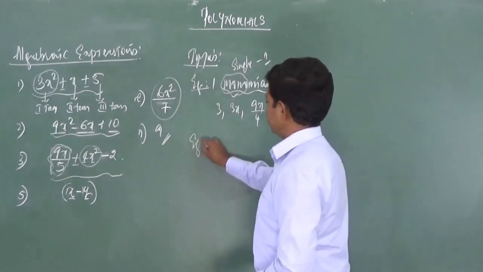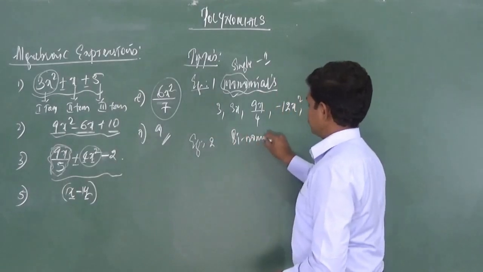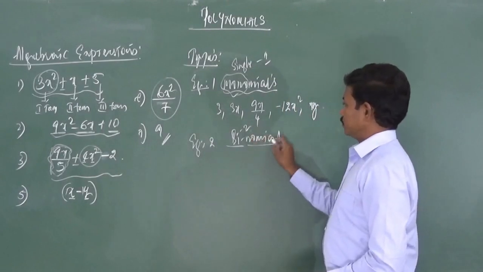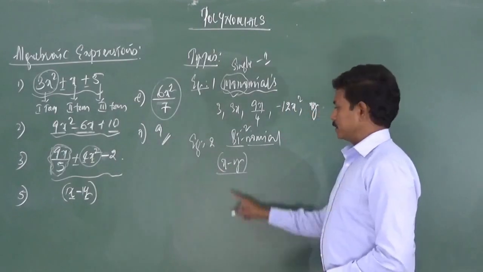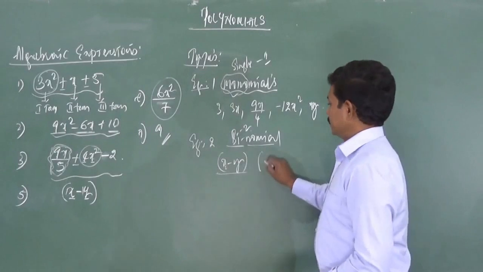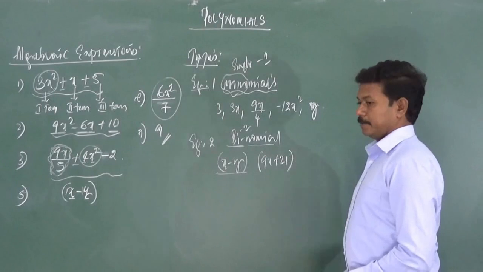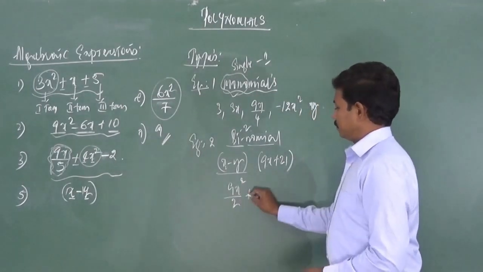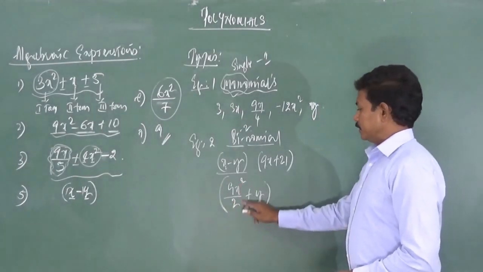Let us go with another type of algebraic expression, that is, binomials. Here bi stands for 2, nomials means terms, so 2 terms. For example, x minus y is a binomial because these are 2 different terms connected by a minus sign. 9x plus 21, these are 2 different terms connected by a plus sign. 9x square by 2 is a single term, plus y, this becomes a binomial because this is a single term and this is a single term.